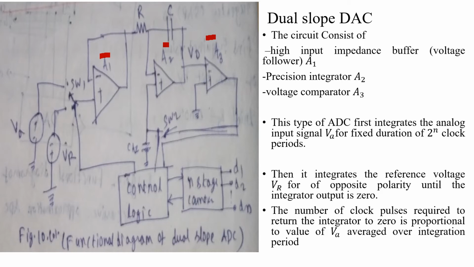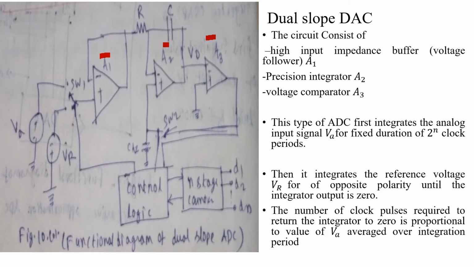This type of ADC first integrates the analog input signal VA for a fixed duration of 2 to the power n clock pulses or periods. The total description I will give in the next slide.